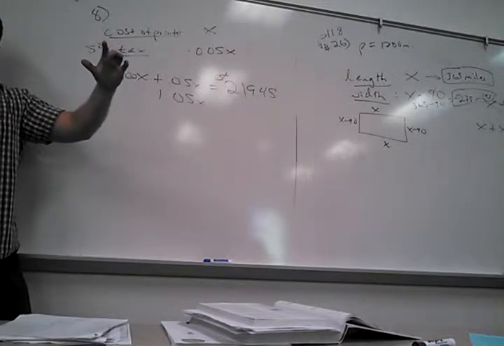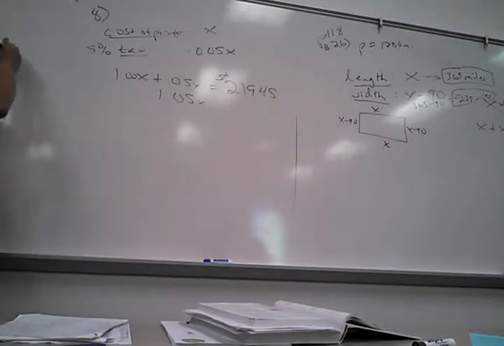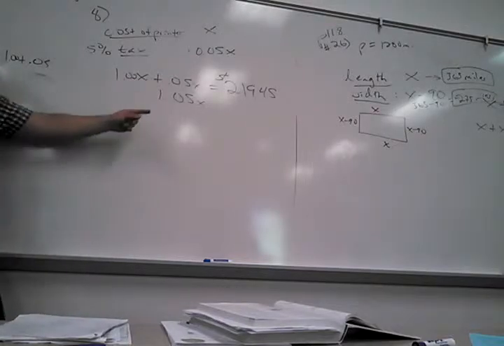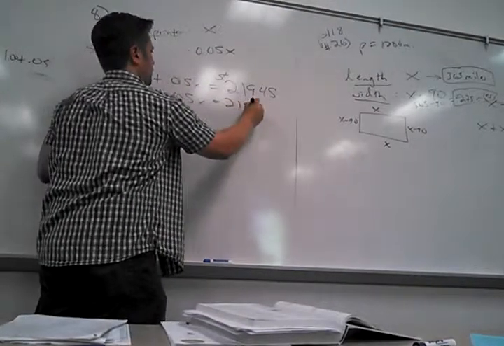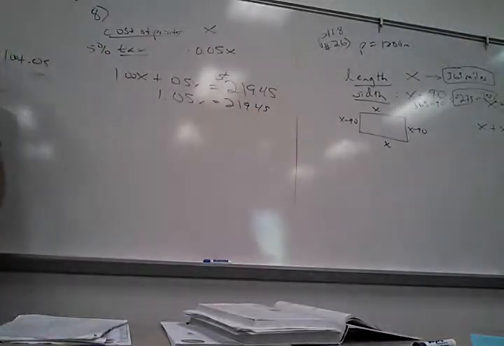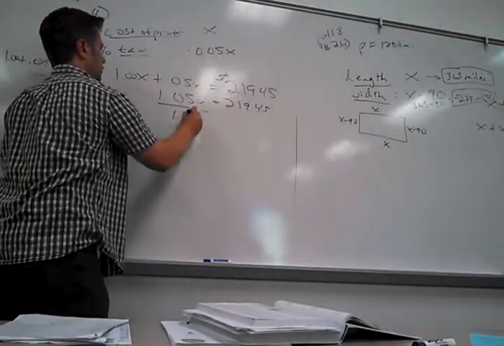It wouldn't be fair. $1 plus 5 cents is not 6 cents. $1 plus 5 cents is 1.05. Cool. Equals 219.45, and then I just have to divide.